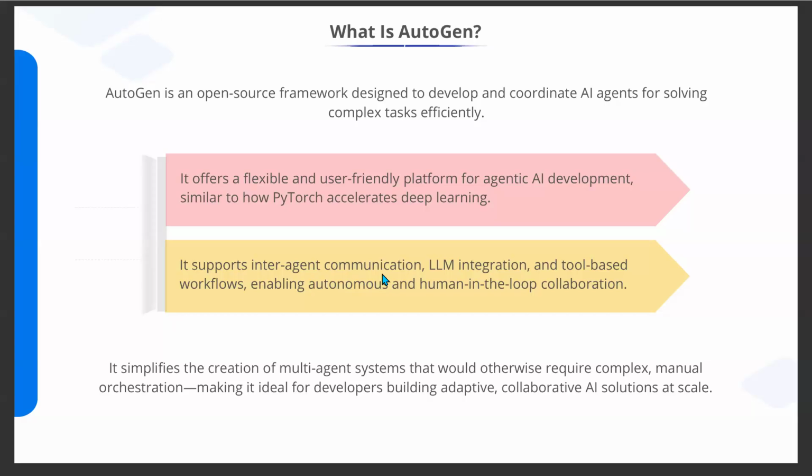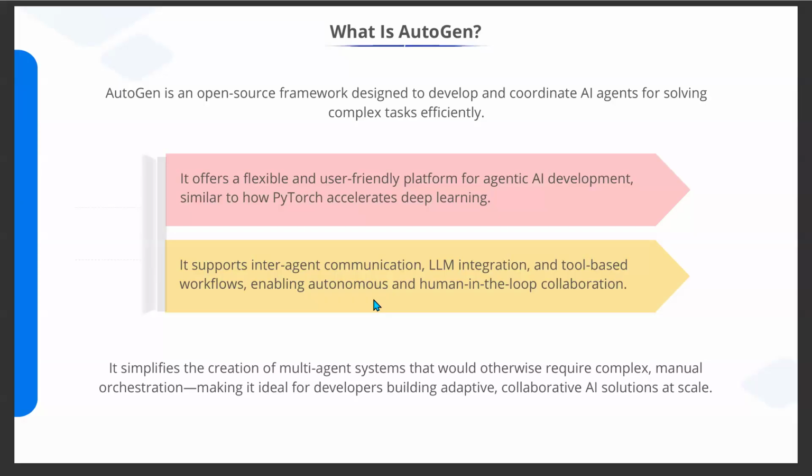It is supporting inter-agent communication, LLM integration, and tool-based workflow. If you want some tool integration in between, like if you want some code to be executed, yes, it will help you in executing the code as well. And it can make the system autonomous and bring the human in the loop whenever it is required.